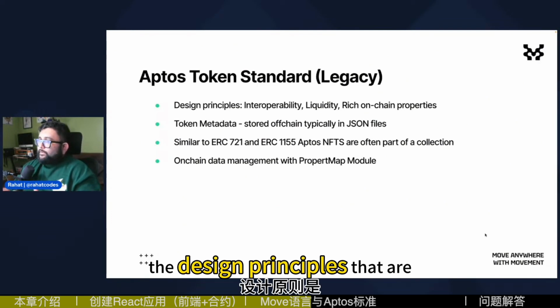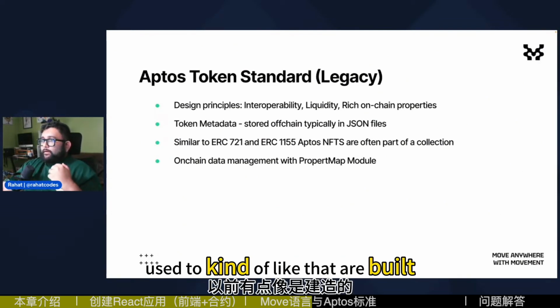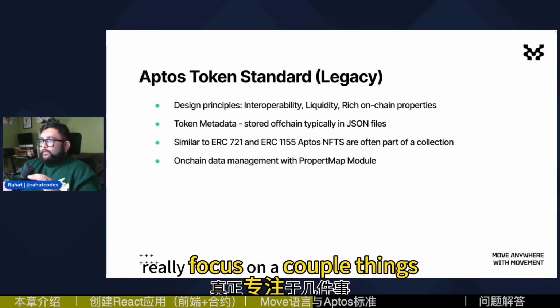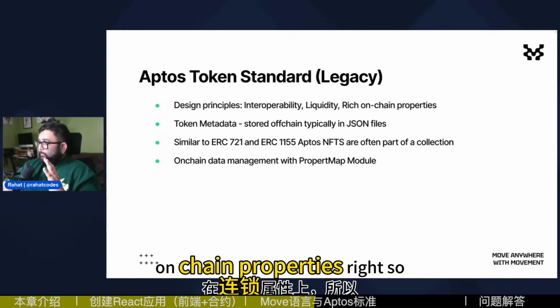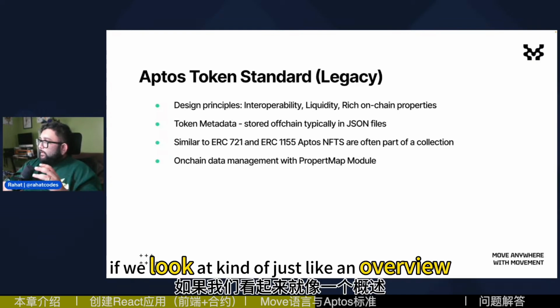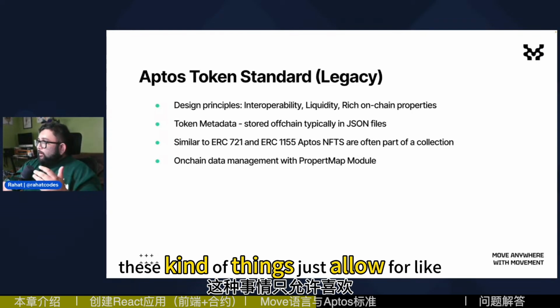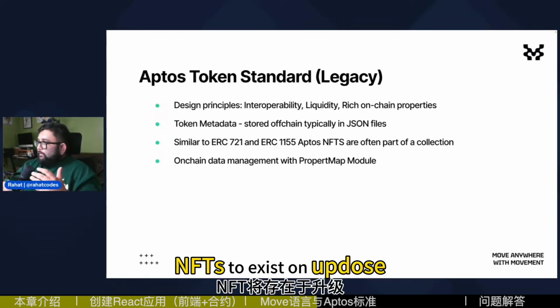The design principles built around this standard really focus on a couple things: interoperability, liquidity, and rich on-chain properties, right? So if we look at an overview, these things just allow for NFTs to exist on Aptos.